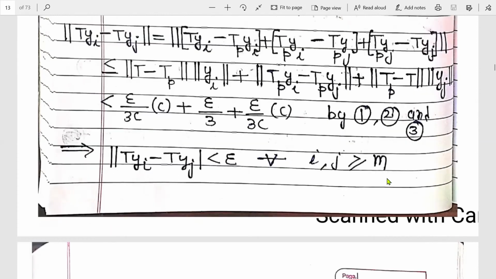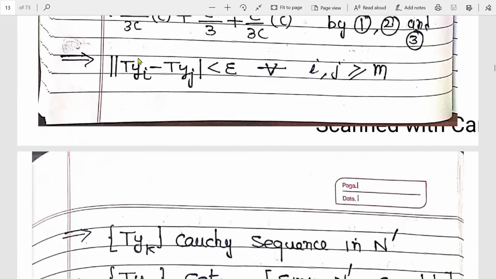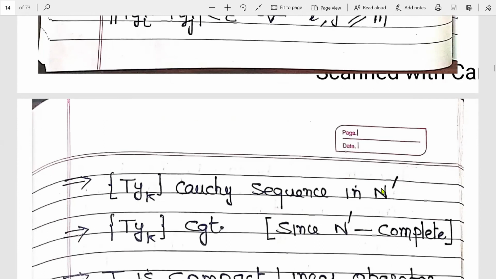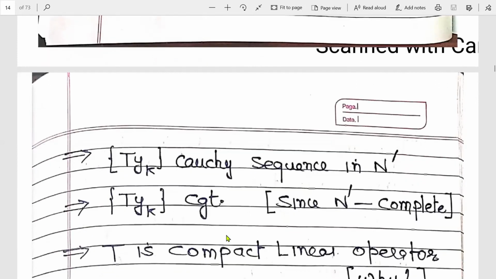Now it means T y_k is a Cauchy sequence in N dash. Now, what is N dash? N dash is a Banach space. What is a Banach space? A Banach space is complete. If it is complete, then every Cauchy sequence is convergent. And what we get? This is a subsequence of xn.